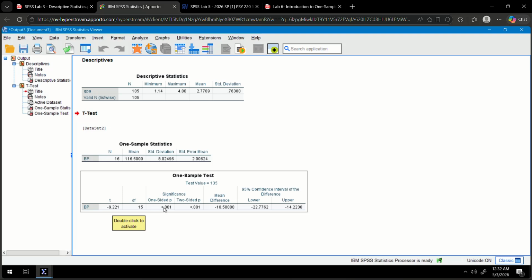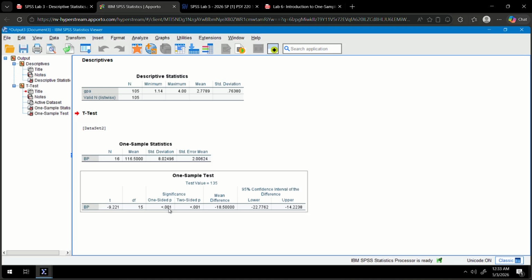If you look at the one-sided directional hypothesis, p is less than 0.001, which is way less than 0.05, so we reject the null hypothesis. This is a very large value. There's a huge difference here. The difference is 18.5, which is a massive difference. And we're looking at this one-sided p for directional, less than 0.001. That's much less than the alpha value of 0.05.